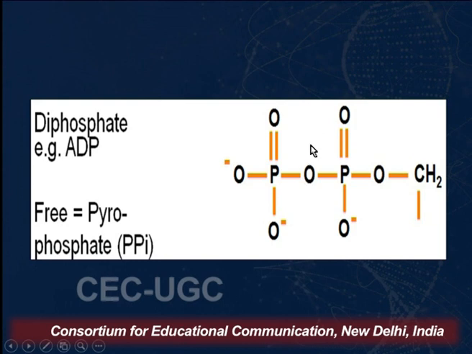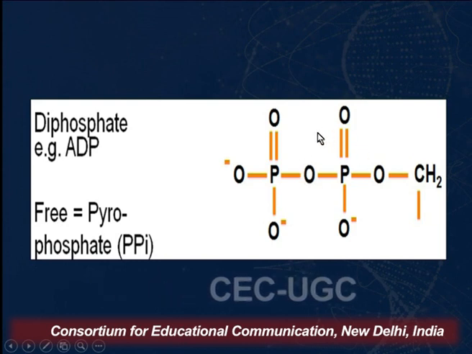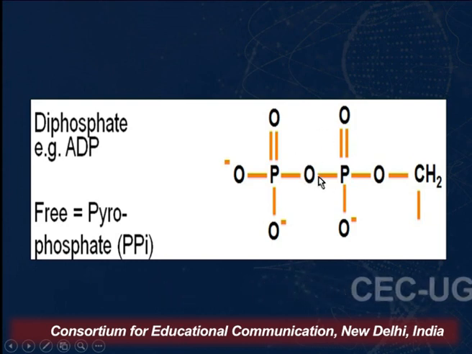In this case, a second molecule of phosphoric acid will react with the phosphate group which is already present in the nucleotide, that is with the phosphate group which is attached to the ribose sugar. Then we will get a diphosphate, and this will be named as adenosine diphosphate.